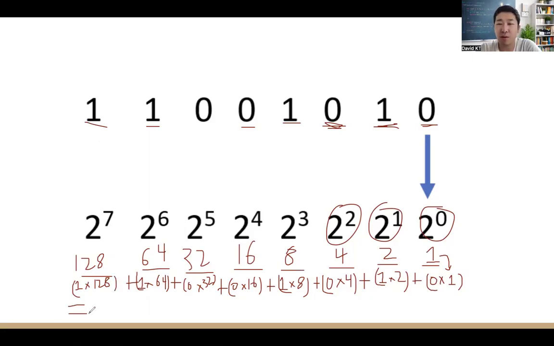Because anything times 0 is 0. You see here, anything times 0, we'll just ignore that and only write these ones. So 128 plus 64 plus 8 plus 2 gives you what?